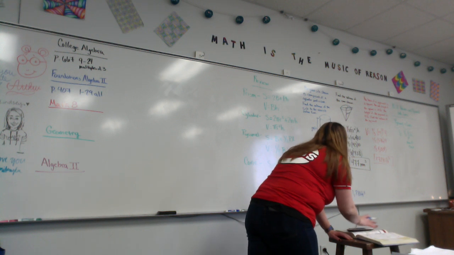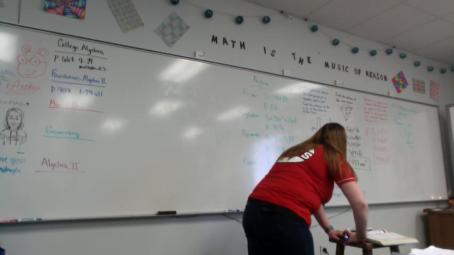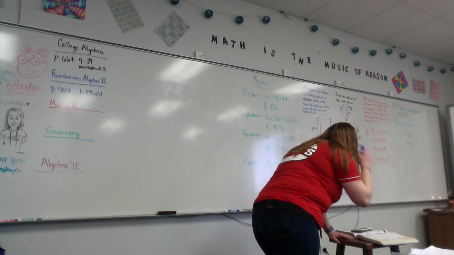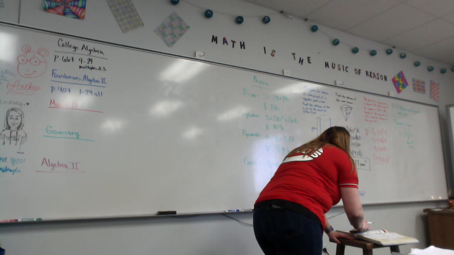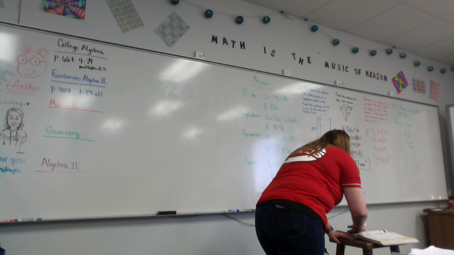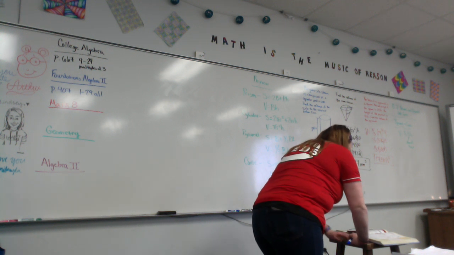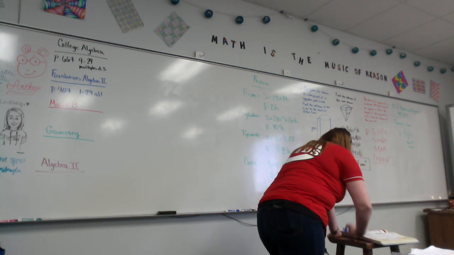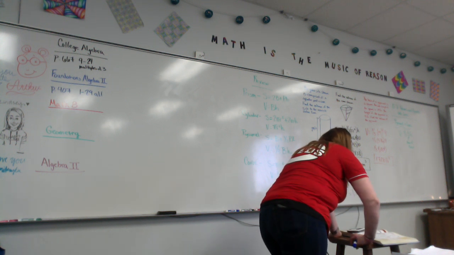Something is wrong with this. We did 9 squared, which is 81, right? And then we times it by 7, which is 567, and then you divide it by 3, which is 189, and you times it by pi.